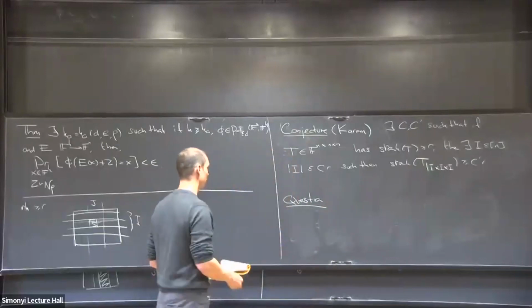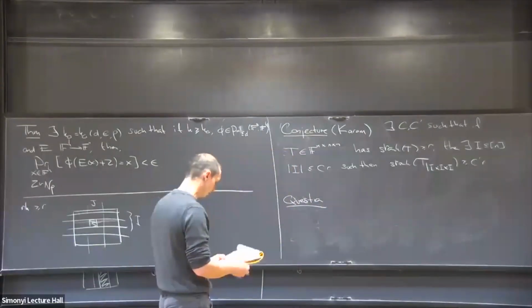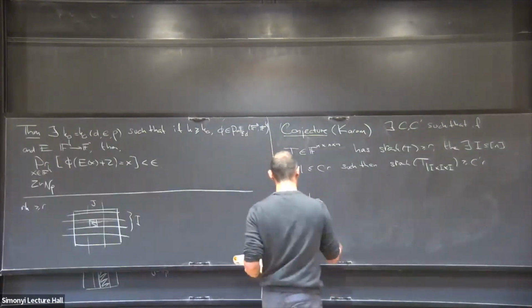which is whether this conjecture is true in the case of polynomial maps and analytic rank.